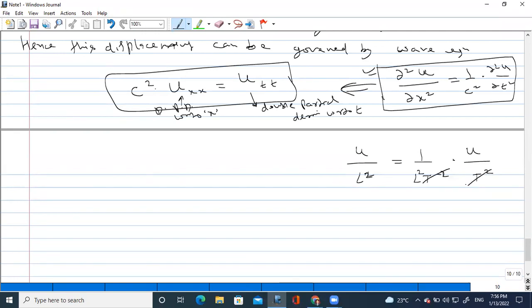So this T² cancels T², u cancels u, L² cancels L². So this is satisfying. So dimension-wise it is okay.